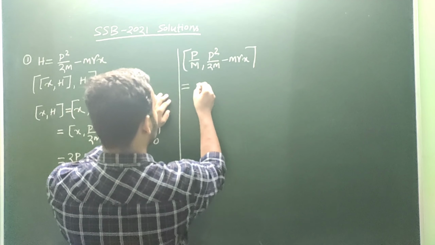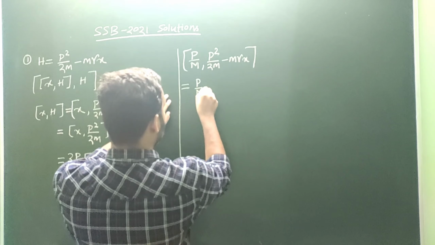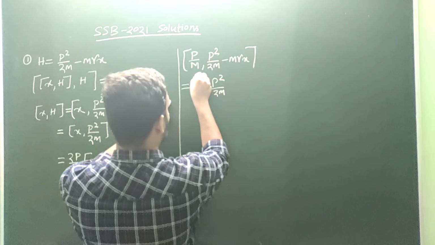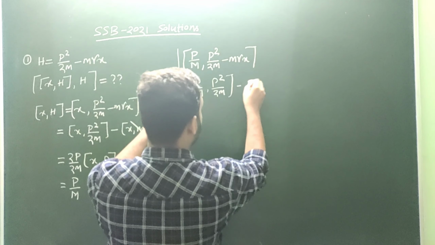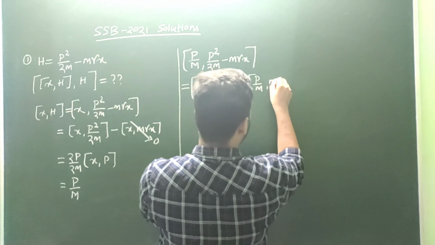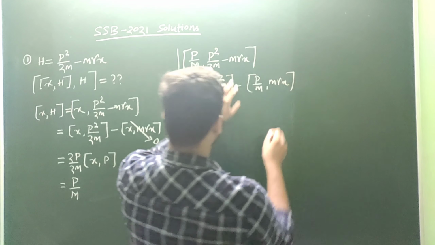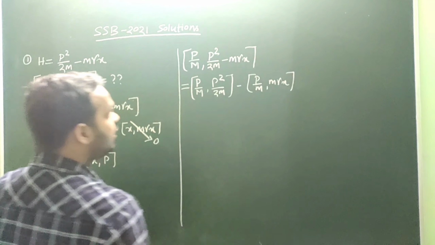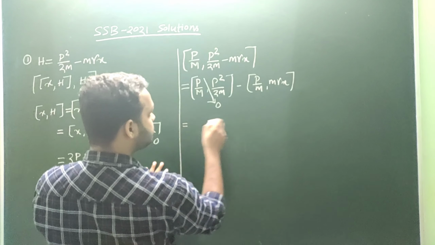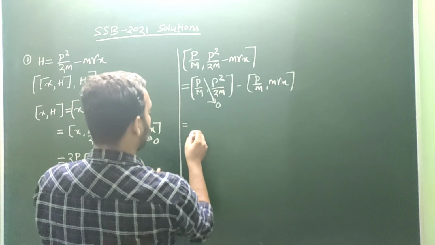Now let's open this bracket. You will get p by m with p square by 2m, minus p by m with m gamma x. Minus I have taken here. Now this will be 0, and for this take all the constants outside.